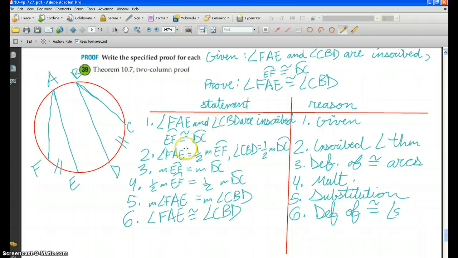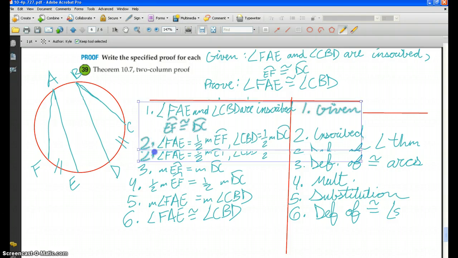From that, let's see what we can write down. So FAE is an inscribed angle. So by the inscribed angle theorem, we know that it's half of its intercepted arc, which is EF. So angle FAE is equal to half the measure of arc EF.